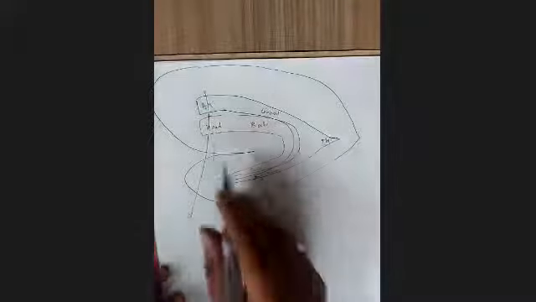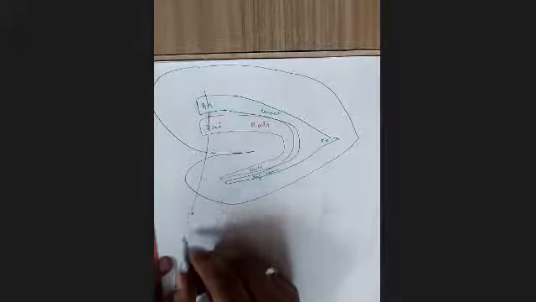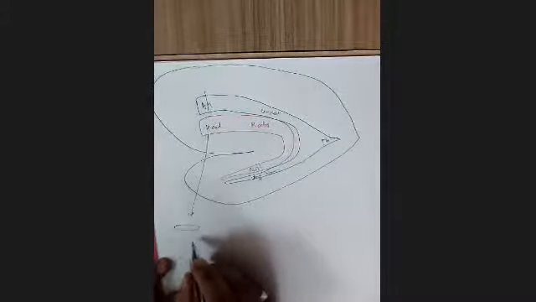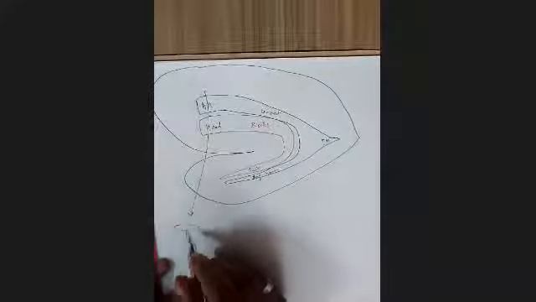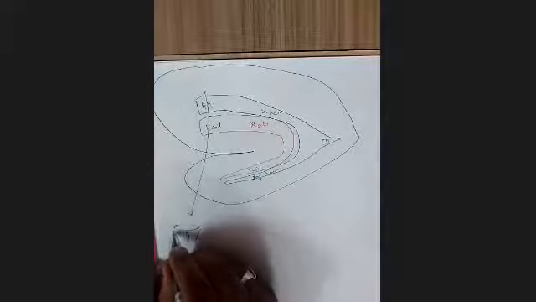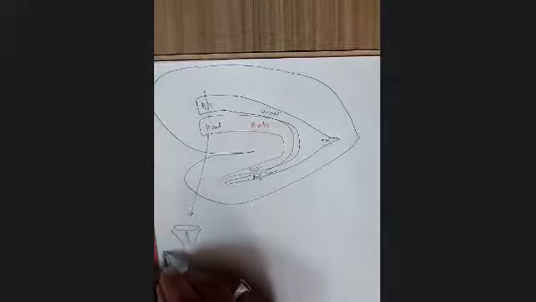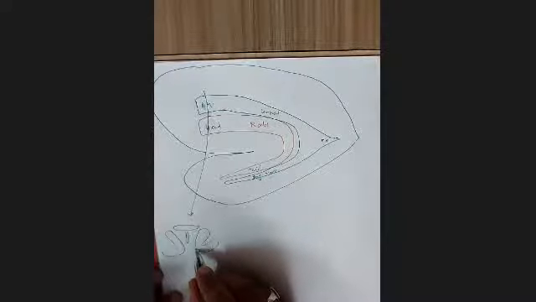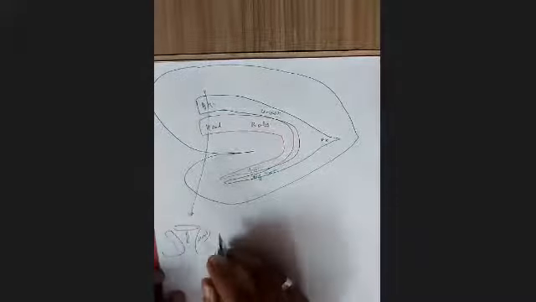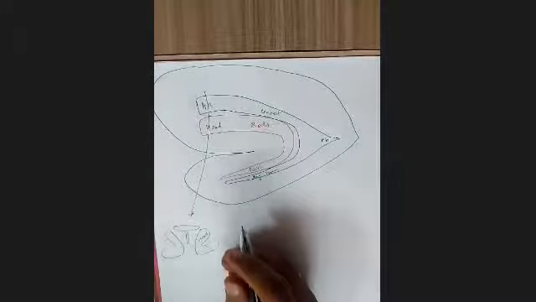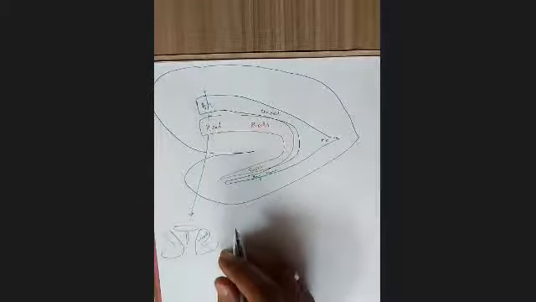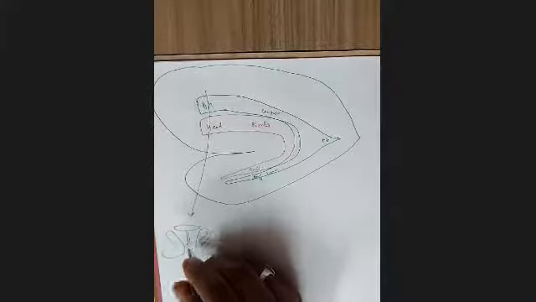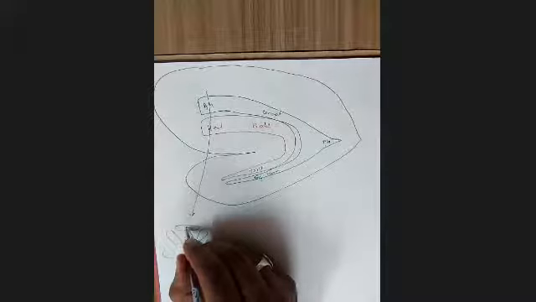Now, if I take a section here in the anterior horn, what I see is always the part of the corpus callosum on the top, the septum pellucidum in between, and here on both sides will be the head of the caudate nucleus. So this is the corpus callosum.